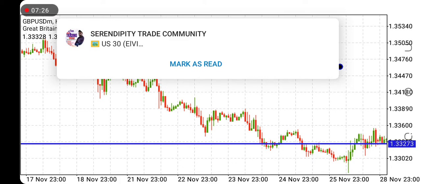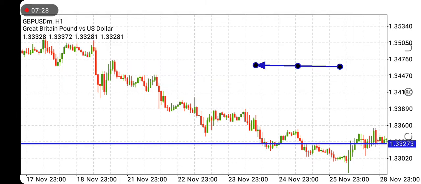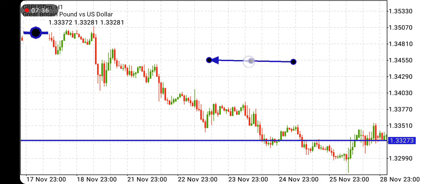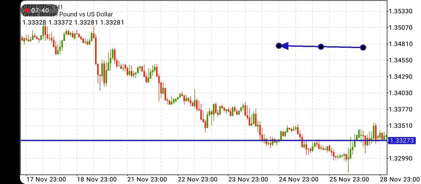But the buyers were able to push it upwards, making it a lower high. When the sellers brought it down again, that is what we call the lower low. So regard the FOREX explanation and stick to this.